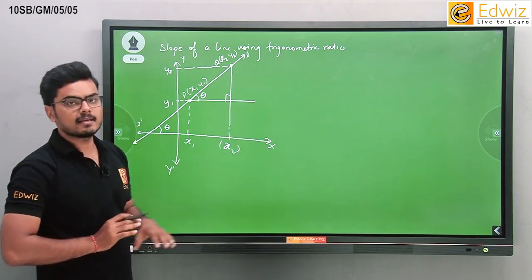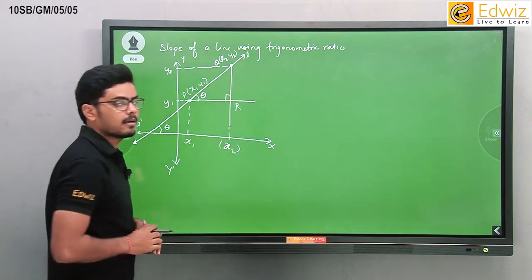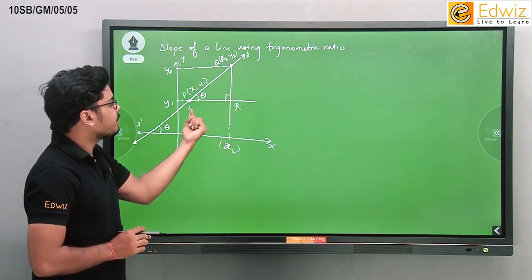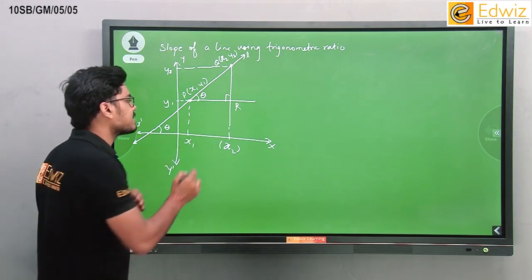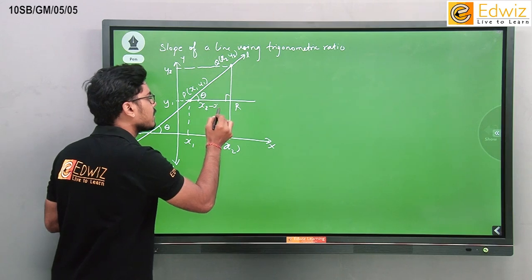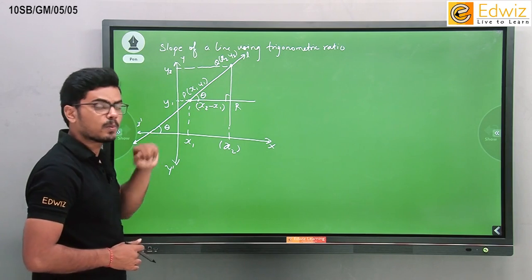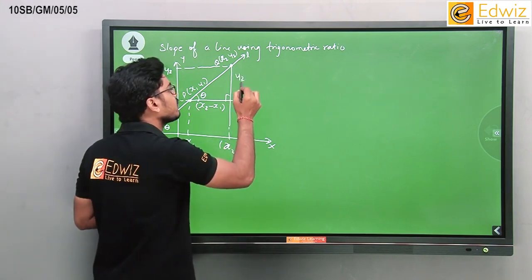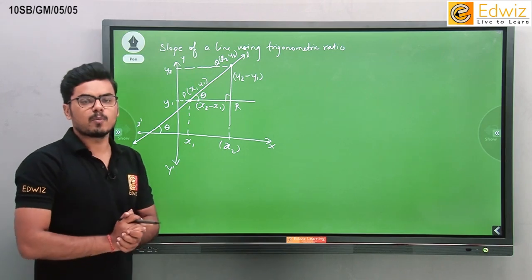Now in this right angle triangle, this is point P, this is point Q. I'll assume this point to be R. What is the length of PR? If you observe this, PR is nothing but x2 minus x1. Correct? And similarly, QR is nothing but y2 minus y1. Now earlier I told you the formula of slope.